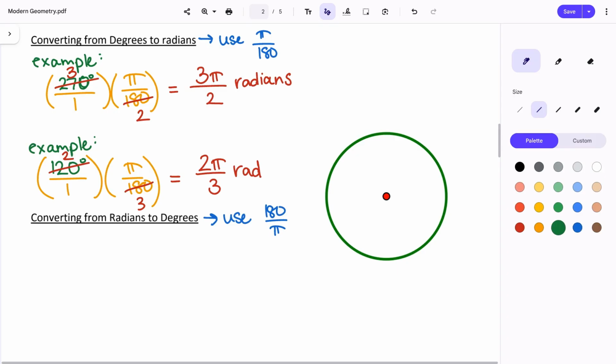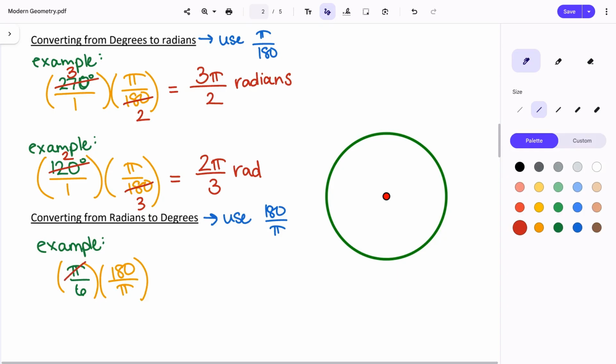So I'm going to start with an example here. Let's say we have pi over 6 radians. If this is what I have in radians, what I'm going to do is take this times 180 over pi. What's going to happen to my pi's?